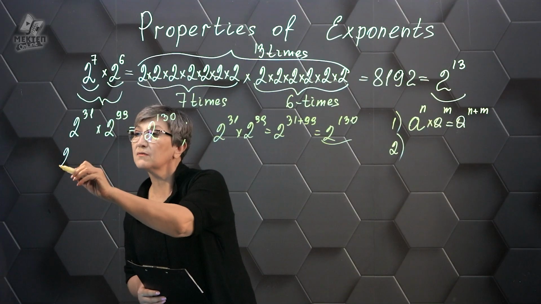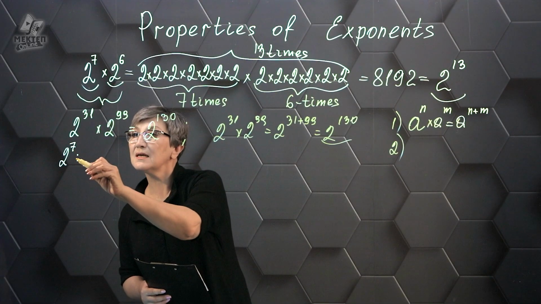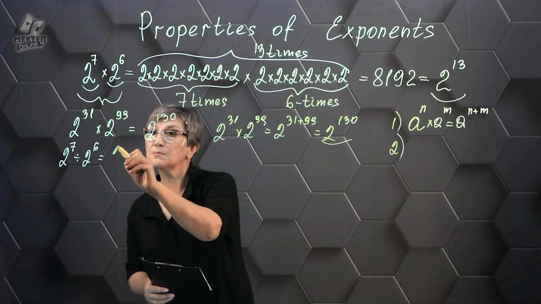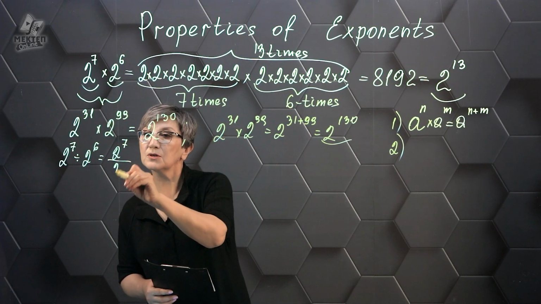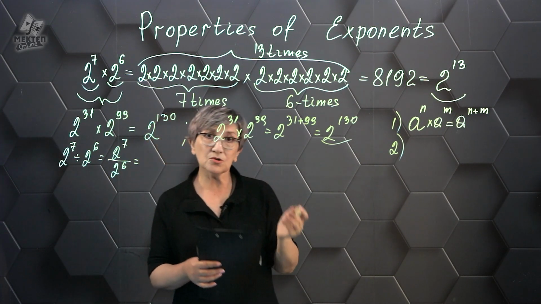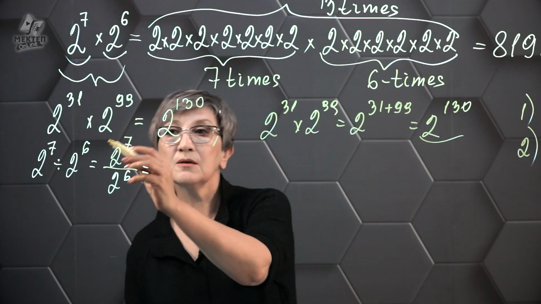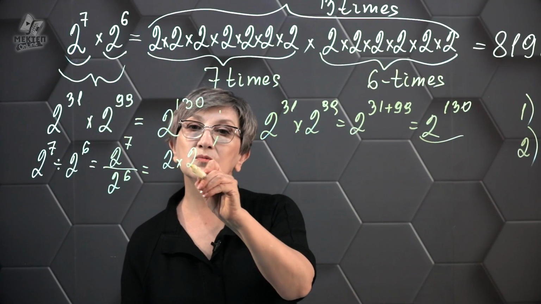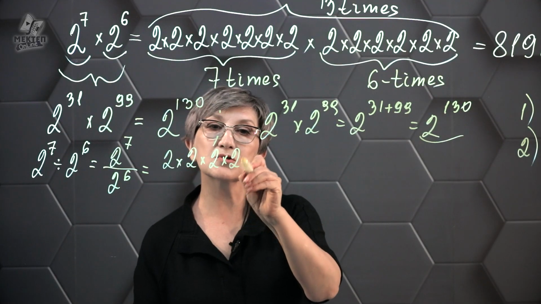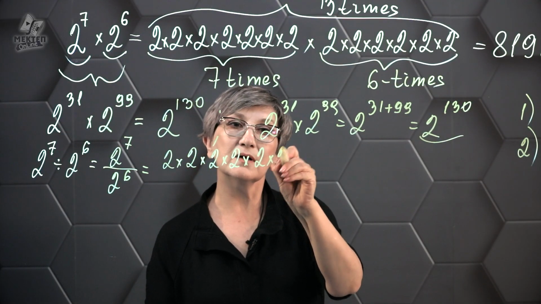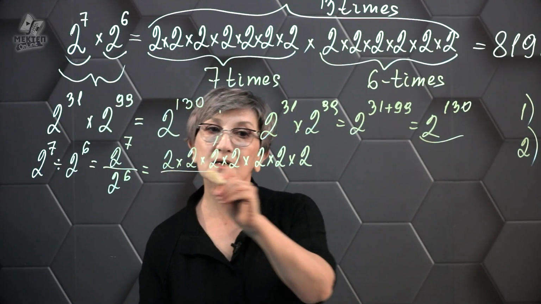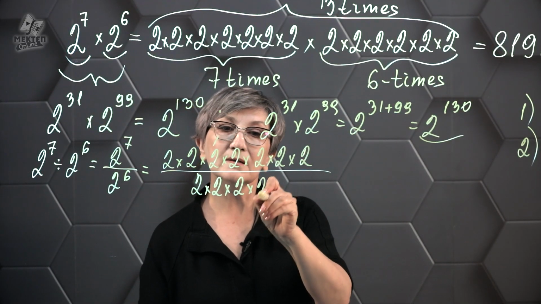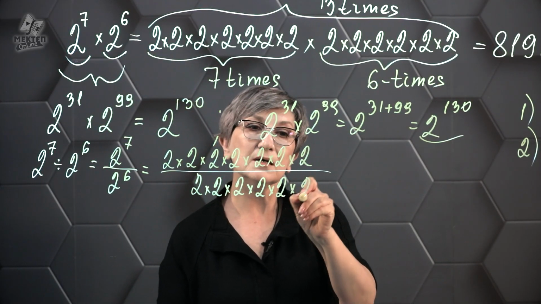If I need to divide 2 to the power of 7 by 2 to the power of 6, I will write it down as a fraction. What will be my result? I will not calculate the value of 2 to the power of 7, but I will write 2 times 2 times 2 times 2 times 2 times 2 times 2. And divide in the denominator 2 times 2 times 2 times 2 times 2 times 2.